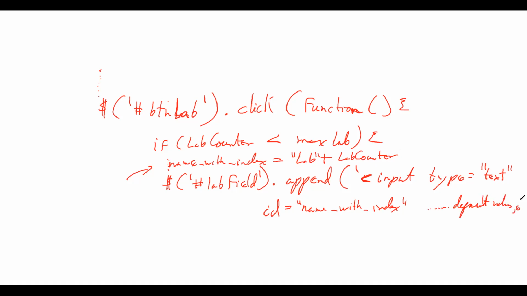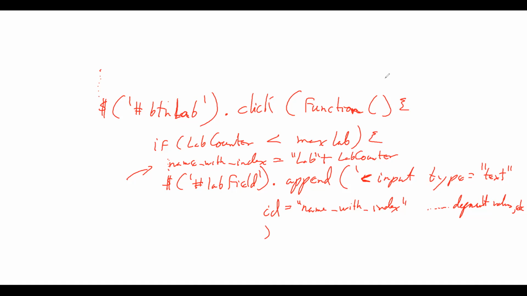Okay. So these are the things that you have to do. But this basically does it. Okay, so this basically will allow us to add text boxes to the field.